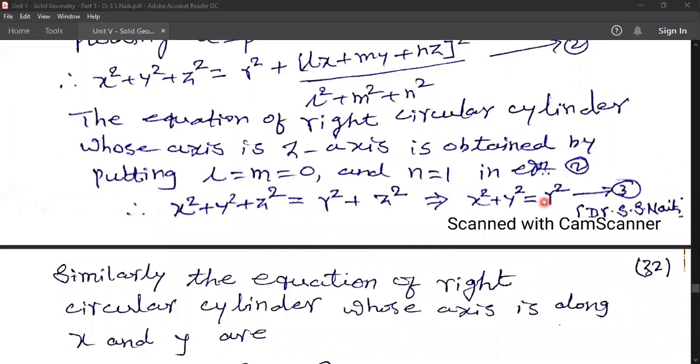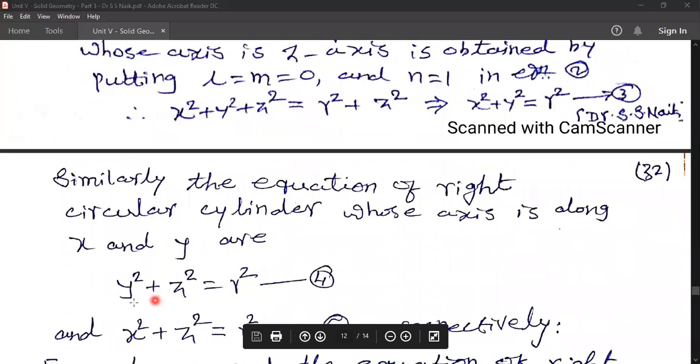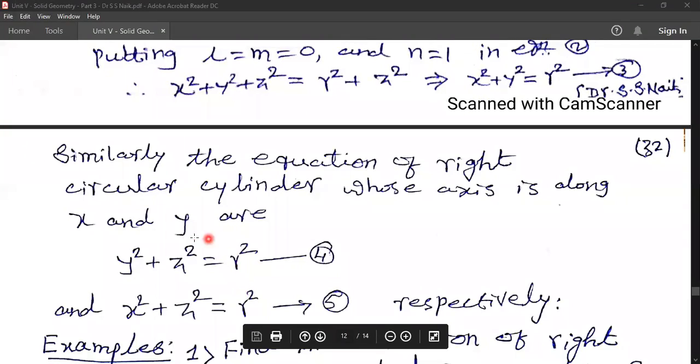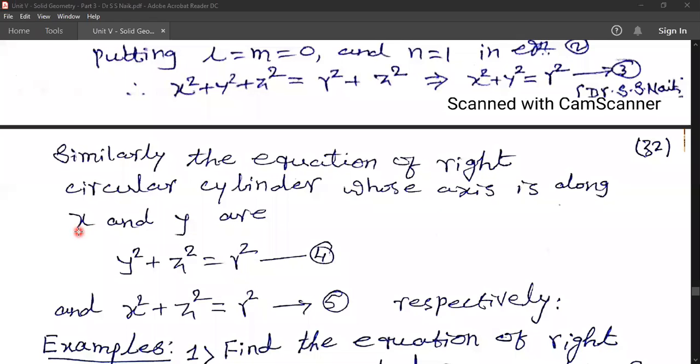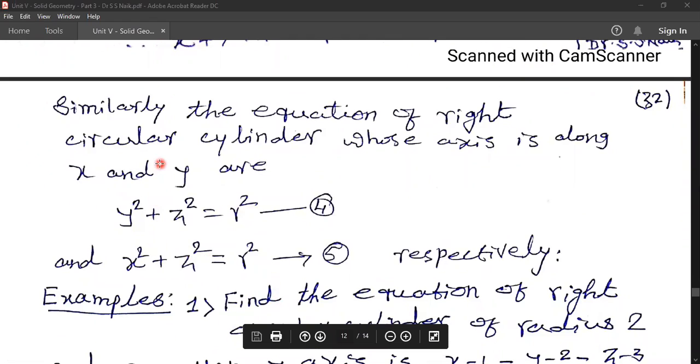Similarly, you can find the equation of a right circular cylinder whose axis is along x and y axes. y² + z² = r² also becomes an equation of a circle having the radius r, and its axis is along the x axis. And x² + z² = r² is the equation of a right circular cylinder along the y axis. So here, along whichever axis, that variable is absent.